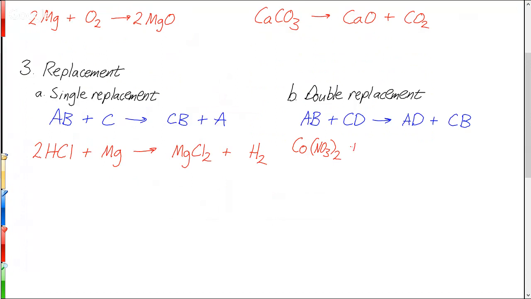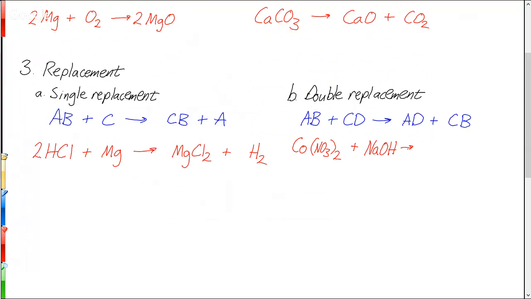And then you reacted that with a few different things, but one of them was NaOH, also an ionic compound, a cation and an anion. So in the products of a double replacement, the cobalt from the first compound goes with the hydroxide from the second compound. The sodium from the second compound goes with the nitrate from the first compound. But we have to refigure the ratios because CoOH is not the right combination.